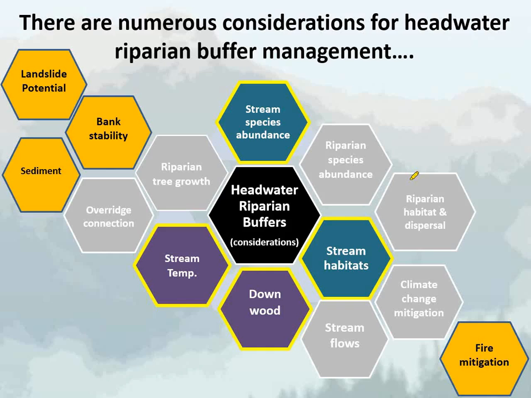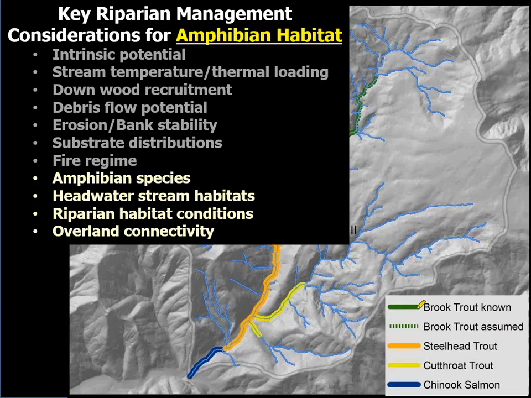Before I go to a different lens, here I've grayed out some of the things that were not on that list. So these riparian considerations were not so much on that list I just gave you.